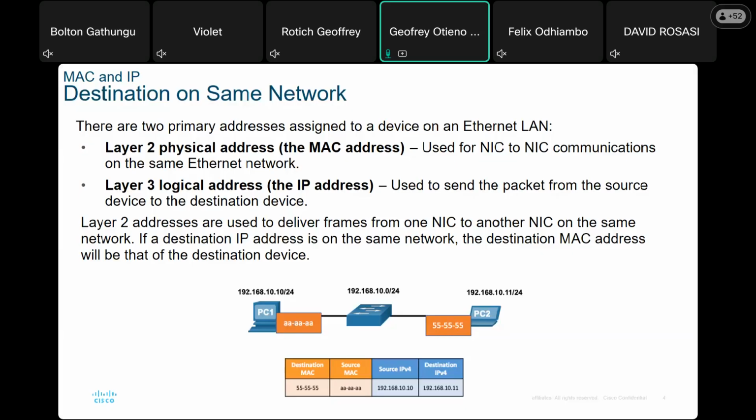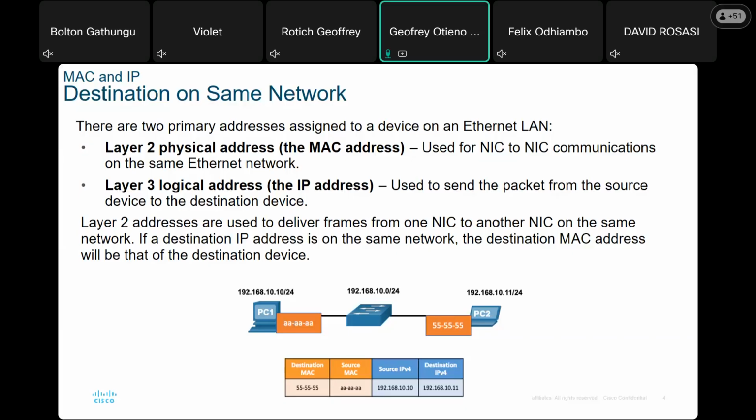As we have said, we have the physical addresses, which in this case is the MAC address. That is the layer 2 address, mainly used for NIC to NIC communication, that is, communication within the same network.